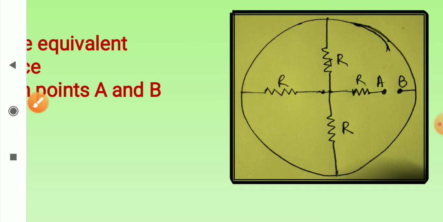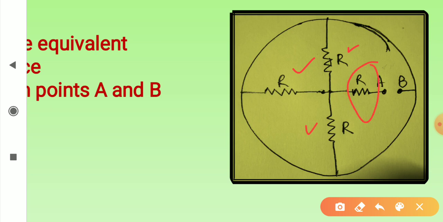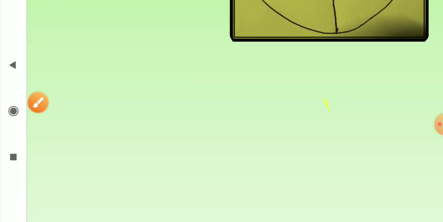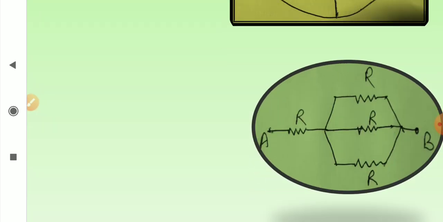So what we get is these three are connected in parallel and this R is in series. Okay, so just try to simplify the given circuit. That is very important.